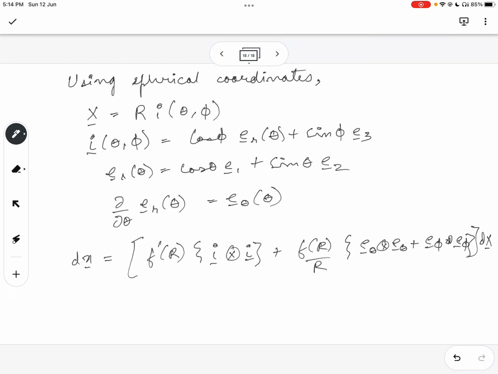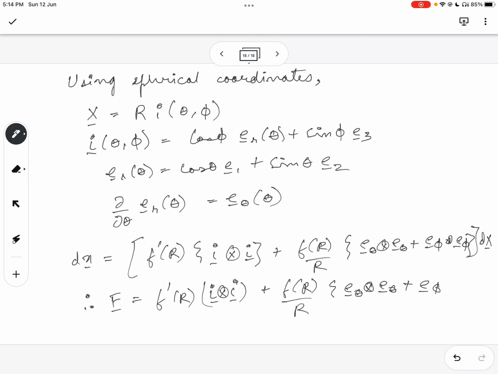Therefore, the deformation gradient is given as f dash r e_r dyadic e_r plus f(r) by r times e theta dyadic e theta plus e phi dyadic e phi.